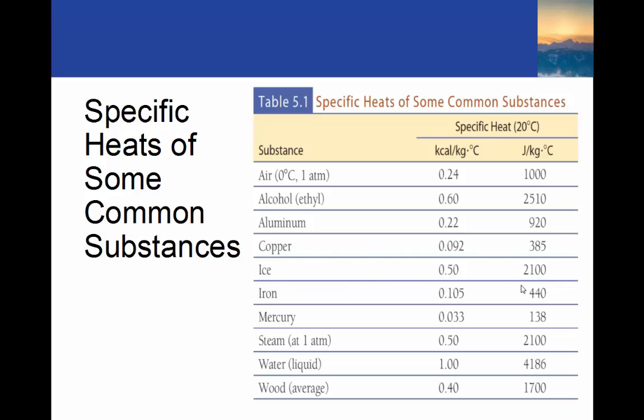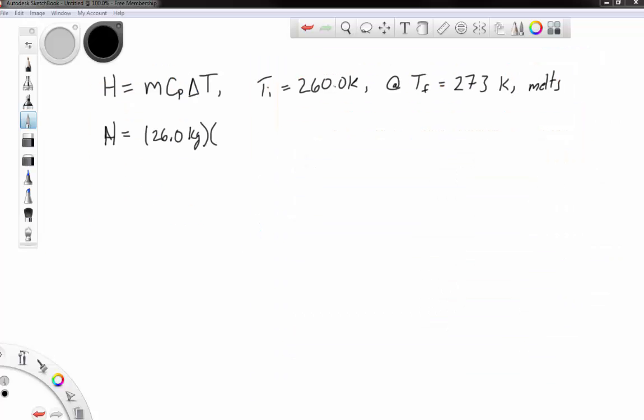That's basically listed here in this table. Since we're working in joules, we want this column, so it's 2100 joules per kilogram Kelvin. And of course, 1 degree C change is equal to 1 Kelvin change. And our change of temperature of 13 Kelvin would bring us to this melting point.